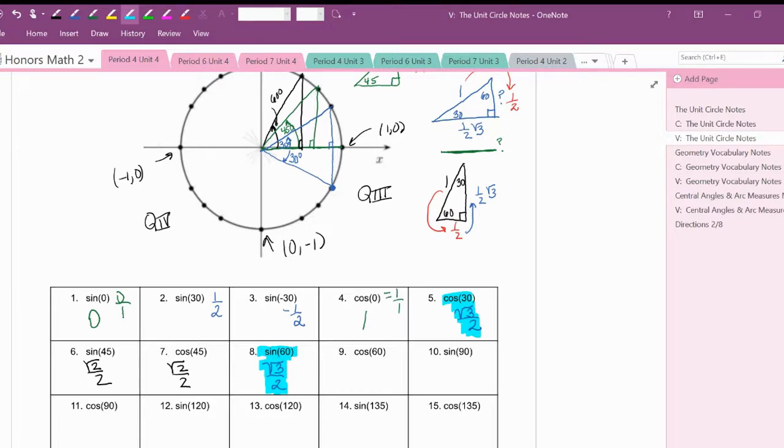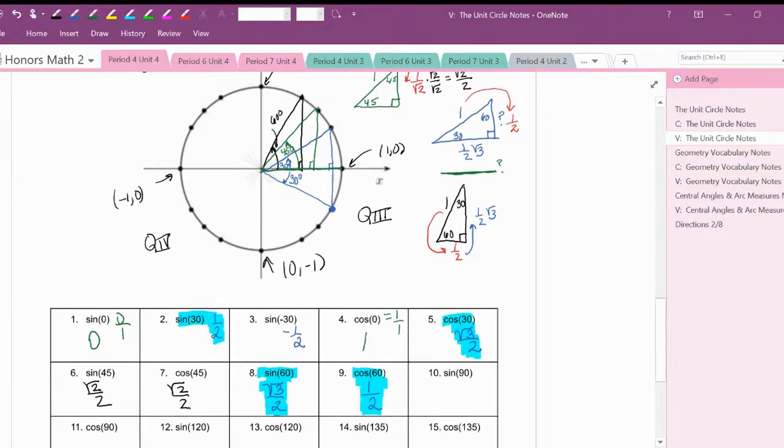So that's going to happen every time. And so I think we can use that relationship that we just discovered to get what the cosine of 60 would be without any work at all. And the cosine of 60 would be 1/2.